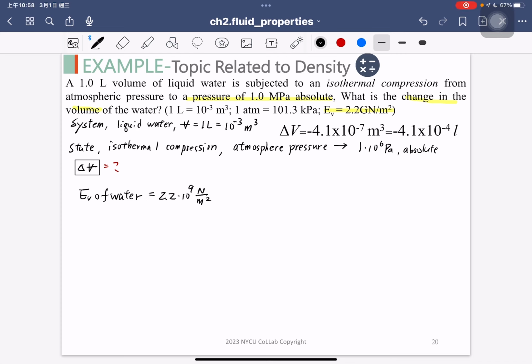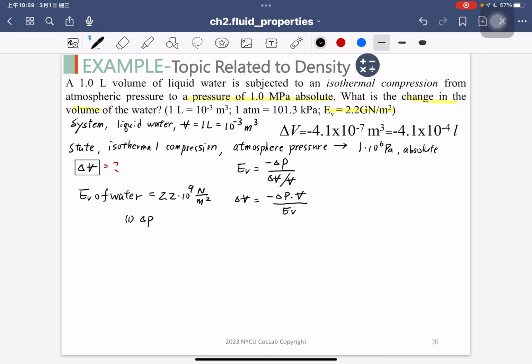Then we go back to think. We know that Ev should be equal to minus delta P divided by delta V, and also divided by the initial volume, V. Because delta V is our unknown parameter, we can reorganize: delta V equals minus delta P multiplied by the initial volume, divided by Ev. So first, we should know what delta P is in our system.